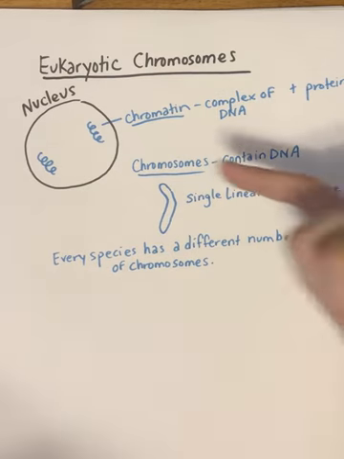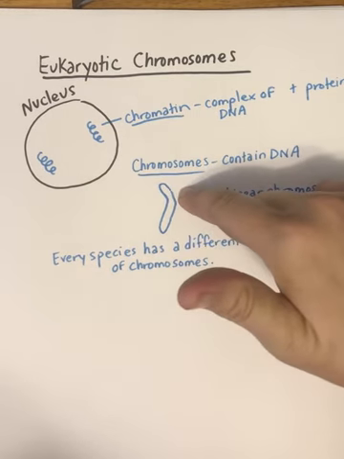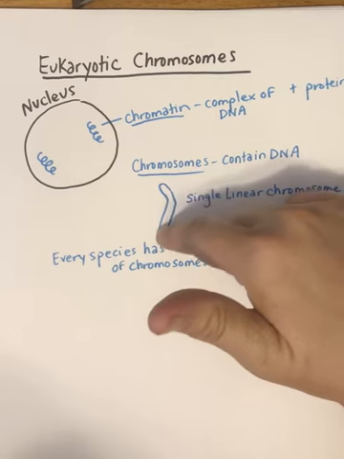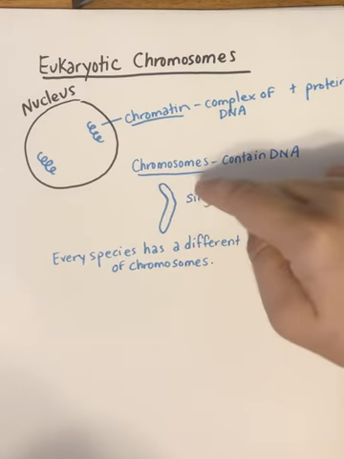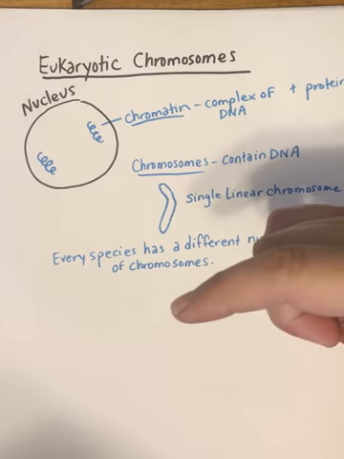Now, when we talk about a single chromosome, they're very singular. When you untwist them, chromosomes are singular, but we do have a different number of them.